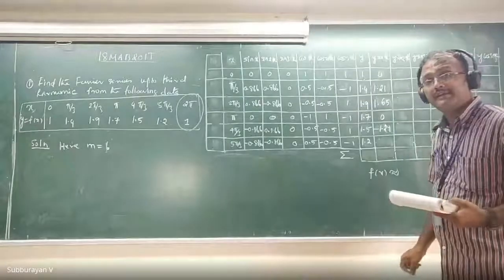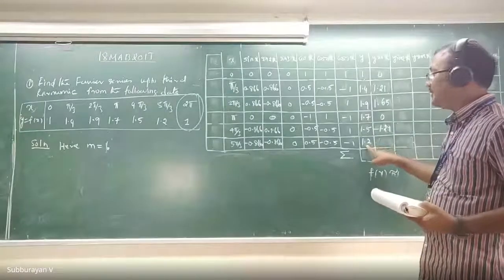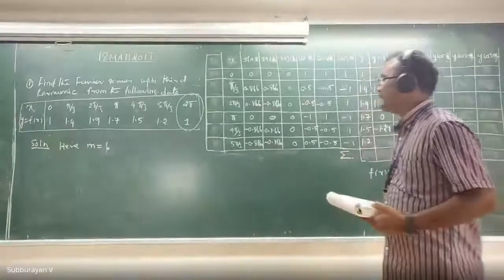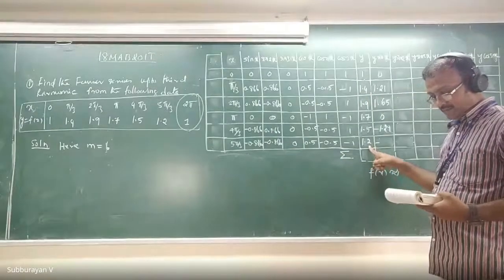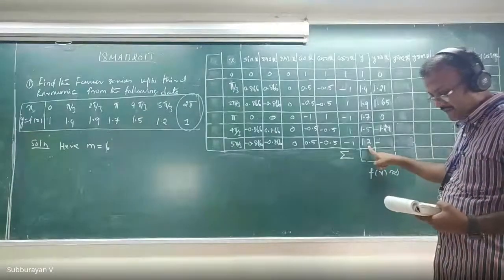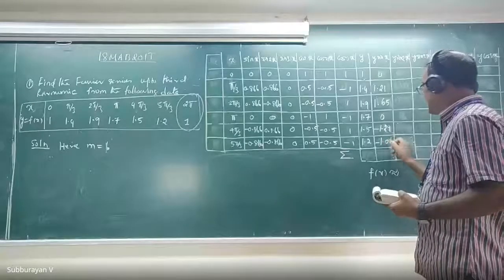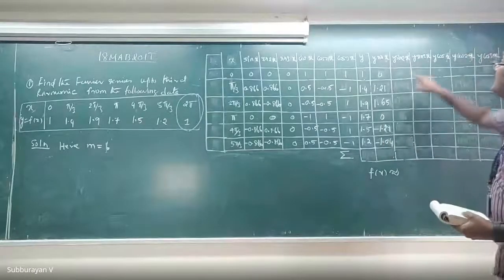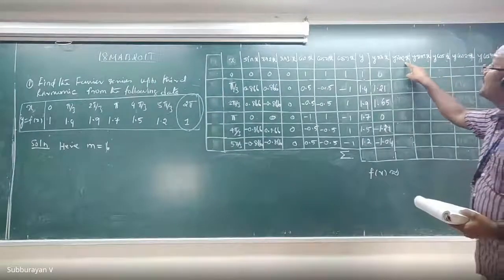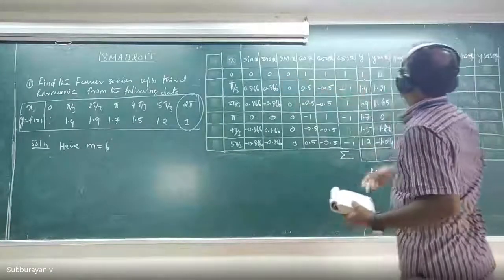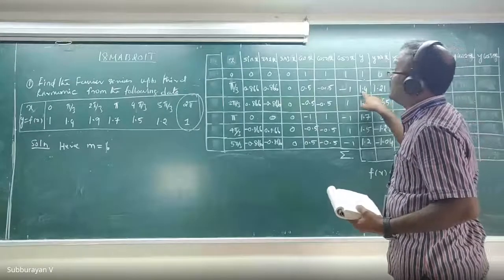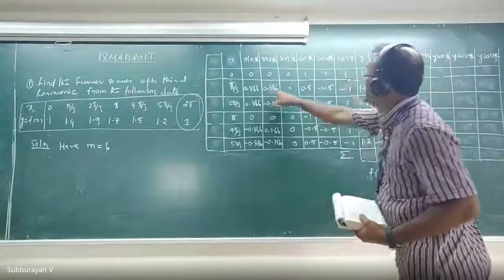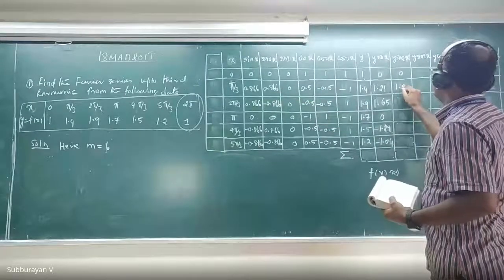Then here 1.2 into minus 0.866. What is this value? 1.04, okay, 1.05. Now come to the y sine 2x column. Y is 1 and sine 2x is 0, so this is 0. 1.4 into 0.866, again 1.21.